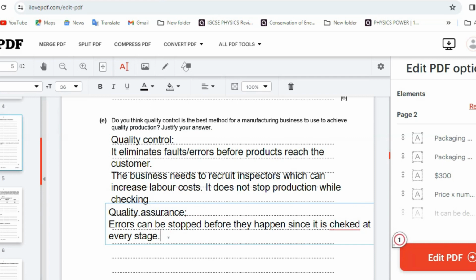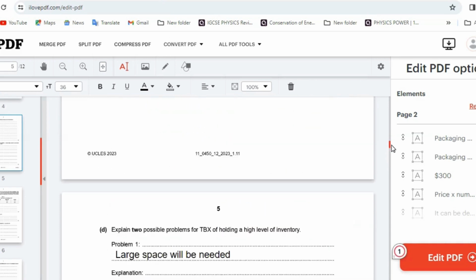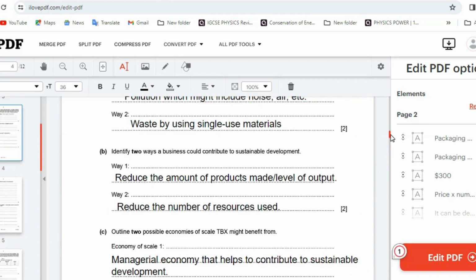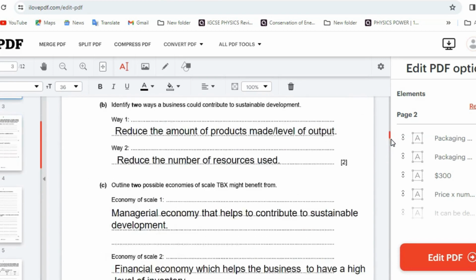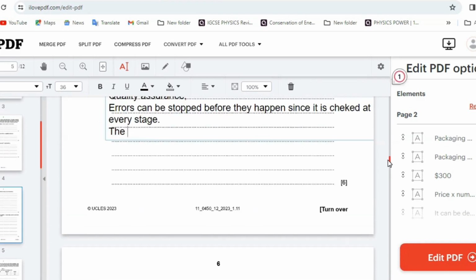And one of the disadvantages of using this quality assurance is that you will need to train the employees. The business will need to train employees. Let's say, let us not use the business because the business is not the entity. What's the name of this in our appendix? Okay, TBX. Let's say TBX.